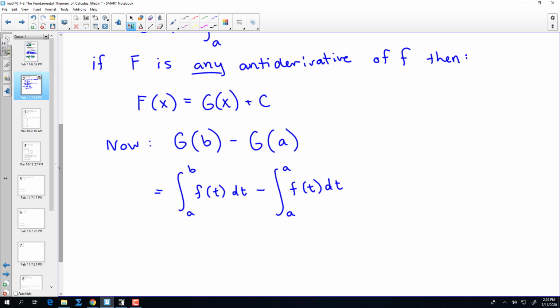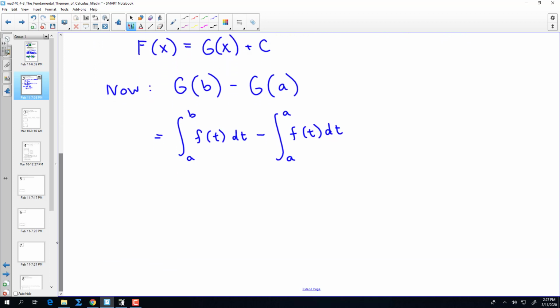And there's something important about that second part. We know that that second part right there would have to be equal to 0, because there's no accumulation of area from a to a. So that's just equal to 0.